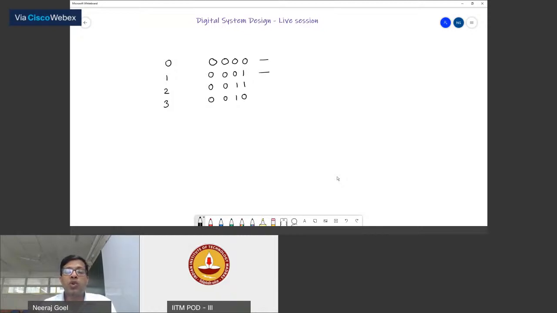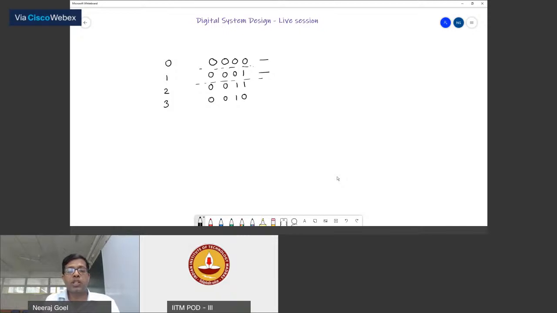Now from 3 onwards, how do we go? Just see that these two numbers 0 and 1 form a mirror representation. Similarly here, except this 0 has become 1, otherwise it is a mirror representation.